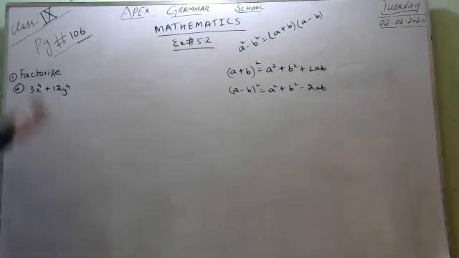The requirement is to factorize it. The first rule of factorization is just to take common. If there is anything common here, you first have to take common.